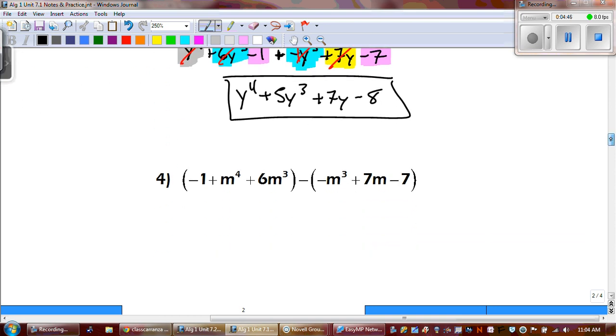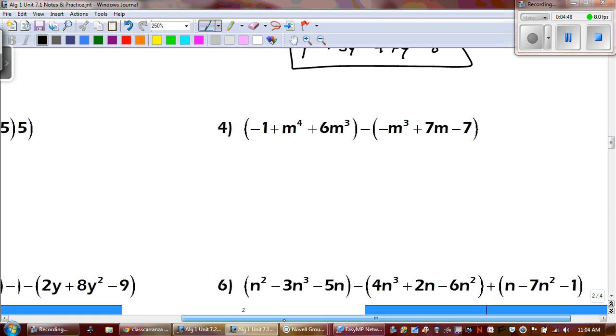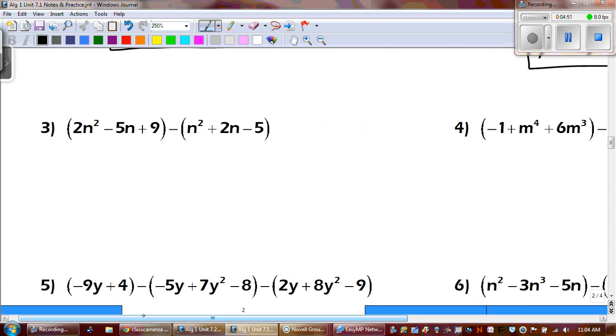Alrighty, what do we have next? Number 3, so this is your number 5. Now that we have subtraction in the middle, this is where we have to be careful. Our first one, there's no sign, so that stays the same.